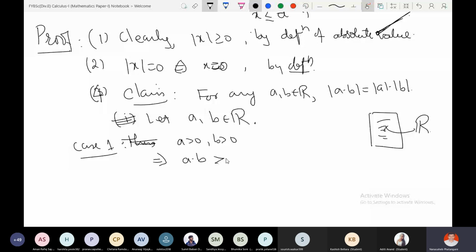The reason is whatever we learned so far, from that we can definitely say that ab is positive. Therefore, what is the absolute value of ab? It is ab, because by definition the absolute value of a positive number is itself. When a is positive, the absolute value of a is a, and the absolute value of b is b. Therefore I can replace a by the absolute value of a and b by the absolute value of b, because they are the same. And thus in this case it is clear, right?